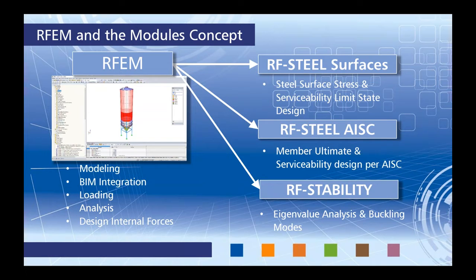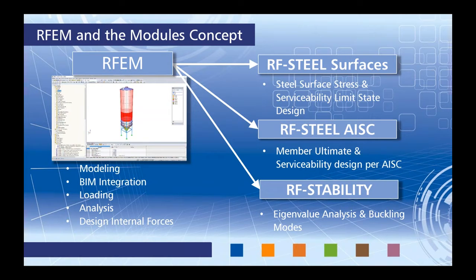We'll fully load the structure and we will run an analysis. Now with this analysis, you can get things like the design internal forces, stresses, support reactions, and you can take this analysis information into your own external tools such as Microsoft Excel, or maybe you have some in-house software to do the actual design.